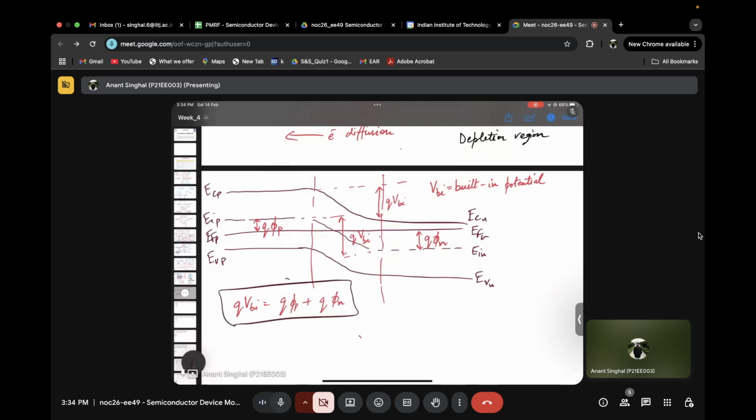Yeah. So can anyone tell how we can find q phi P? We have written some formulas in the last class if you remember. Can someone tell how we can find the difference between the Fermi level and the intrinsic level?